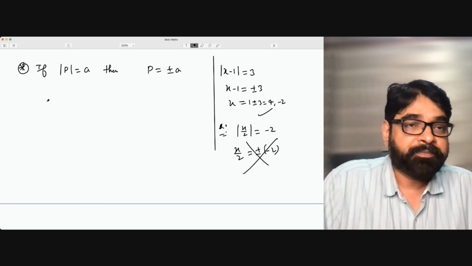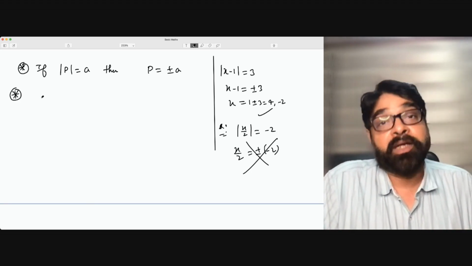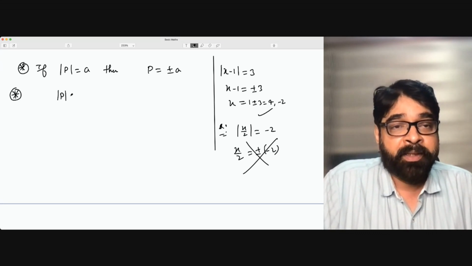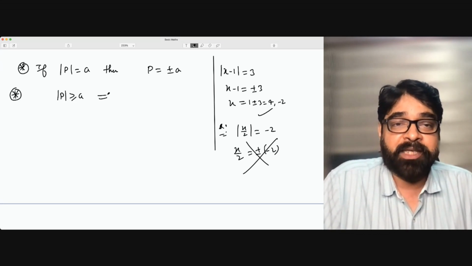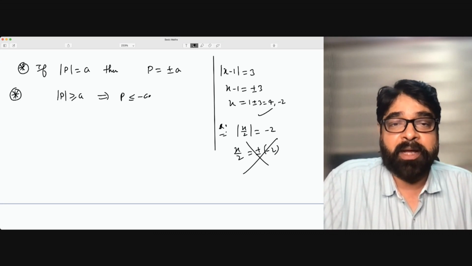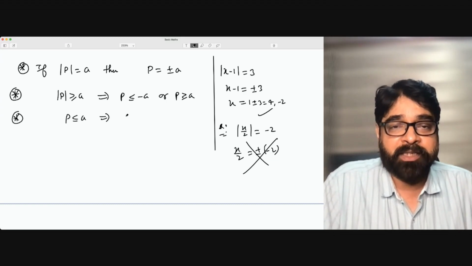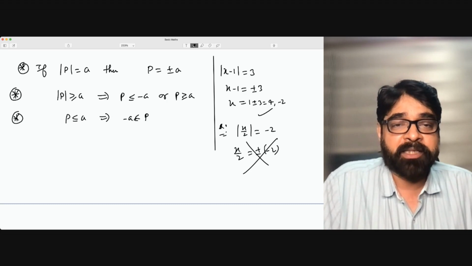Am I right? Next thing is that inequality can come, which is very important. Mod p greater than or equal to a always gives you p less than or equal to minus a, or p greater than or equal to plus a. Mod p less than or equal to a will always give you p lies between minus a and plus a.